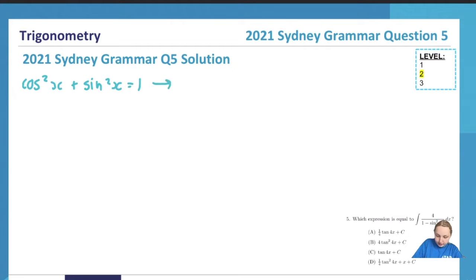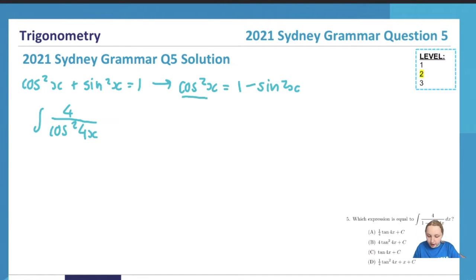We can rewrite that as cos squared x equals 1 minus sine squared x. So we can actually rewrite this question as the integral of 4 over cos squared 4x, okay? Remembering that this is true for any number of x's that we may have.